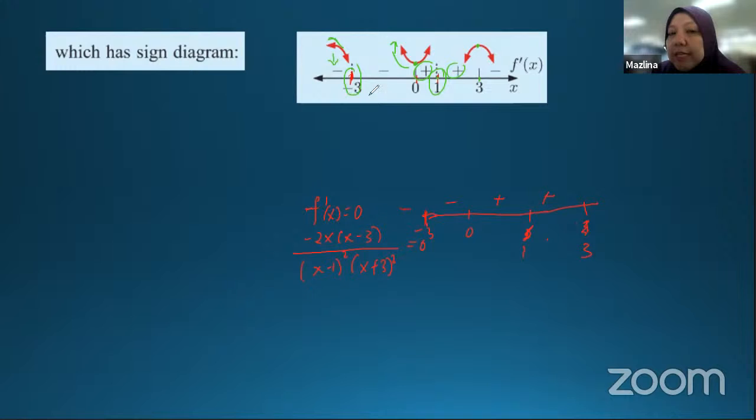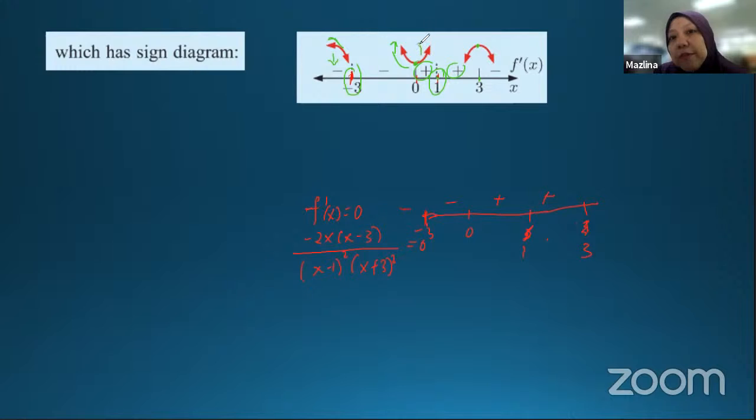Ya, semua ni negative 3, 0, 1, 3 ni is a, here we call it stationary point. So stationary point pula divide into two, whether we can have turning point or we can have the point of inflection. Okay, point of inflection will affect the concavity, but turning point will give us the minimum or maximum point. Clear? Boleh? So at this point here, kita dapat satu ni, kita tengok ni.